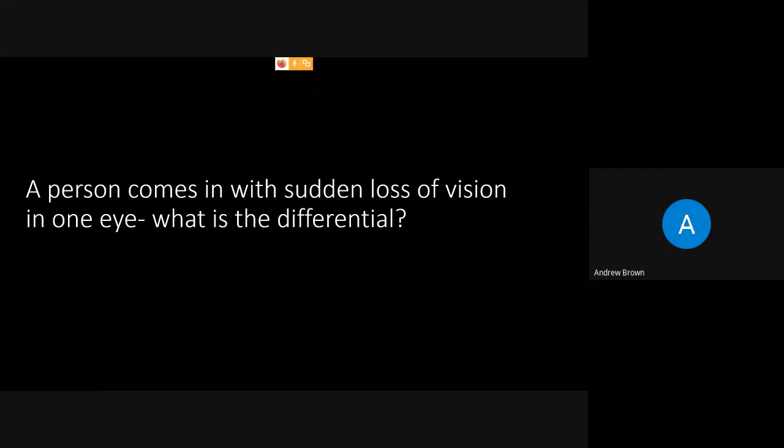Retinal artery occlusion. Yep, or vein. Anyone got anything else? Could be a vitreous hemorrhage as well. Yep, posterior vitreous. So yeah, and I suppose it could be a big retinal detachment as well.